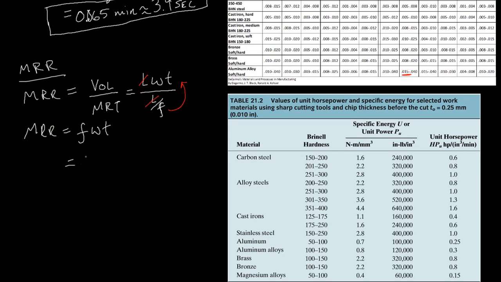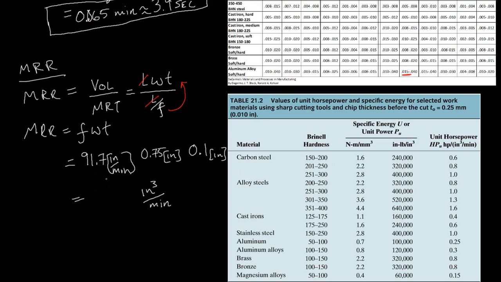So our feed rate is 91.7 inches per minute times the width, which is 0.75 inches, times the thickness, which is 0.1 inches. So an inch times an inch times an inch is inches cubed. And a minute, nothing else there, so we'll have to divide it by minutes. So our units work out, so we know that this formula that we created works.